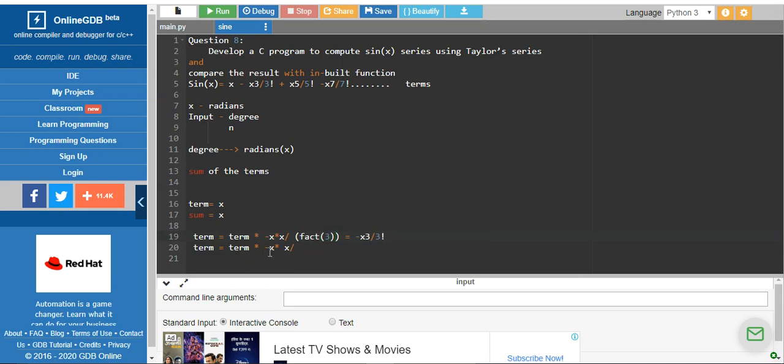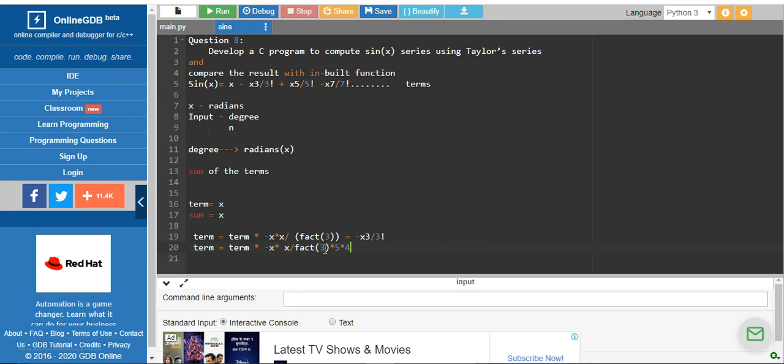Now, do you remember what the previous term is? The previous term was minus x cube divided by 3 factorial. In order to get the next term, we take the same minus x into x. So this factorial of 3 means 3 into 2 into 1 star 5 into 4.